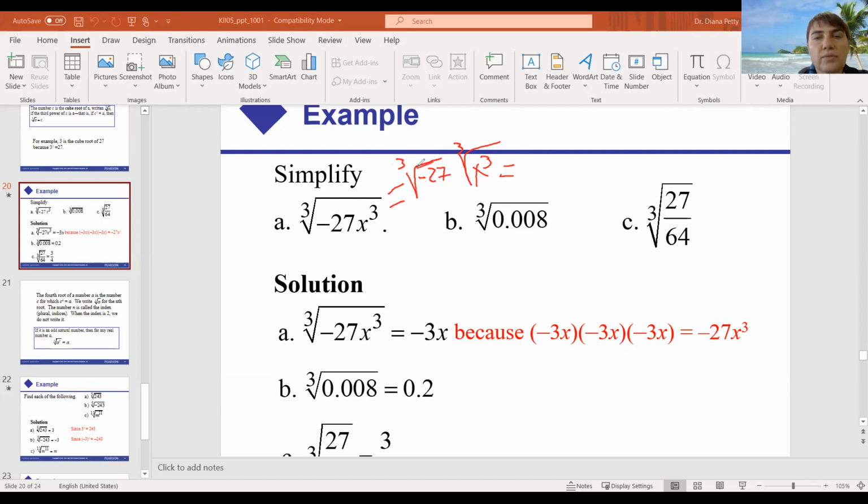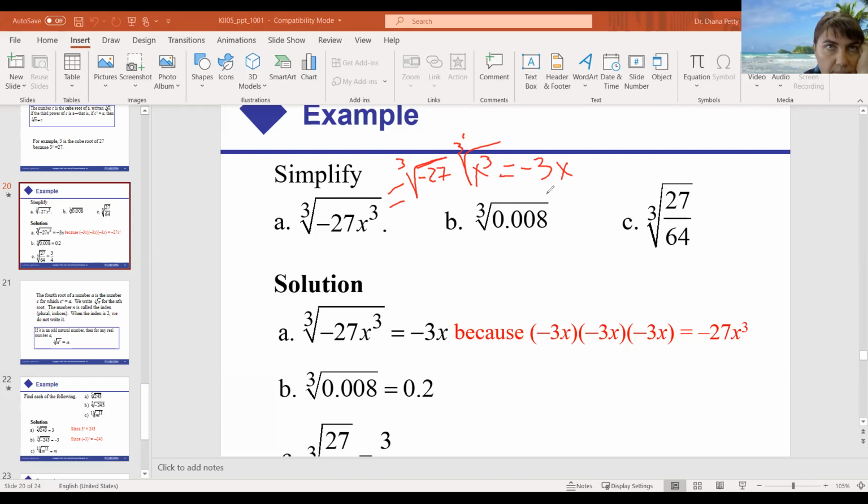So what's the cube root of negative 27? Which number multiplied by itself 3 times gives you negative 27? Negative 3. This is the first one. Then this is 3 and this is 3, so the cube root technically falls out. Divide the 3 by 3, you get x.